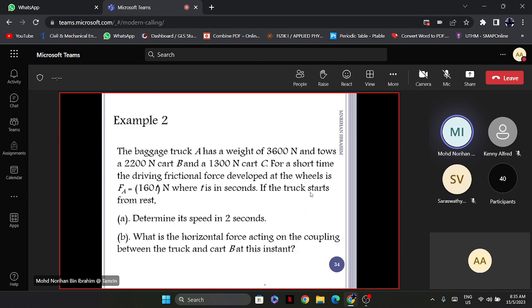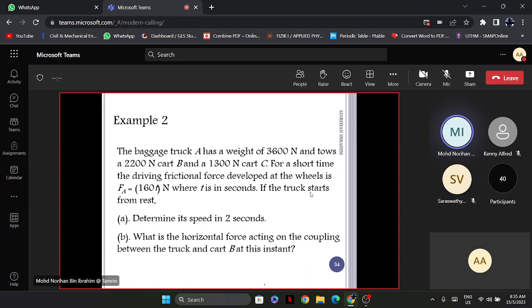Right, we continue on to example 2, still concerned about the application of force, mass, and acceleration. So the question is, the baggage truck A has a weight of 3,600 Newton and tows a 2,200 Newton cart B and a 1,300 Newton cart C. For a short time, the driving frictional force developed at the wheels is FA equal to 160 t, where the unit is in Newton, and t is in seconds.